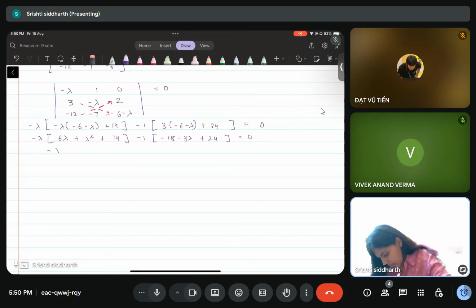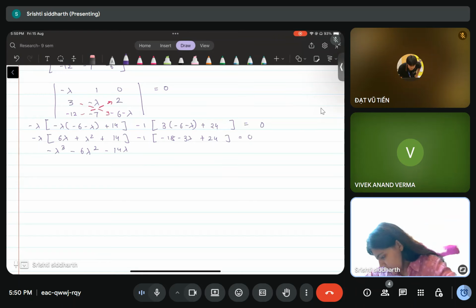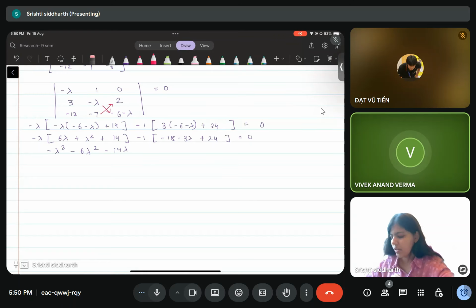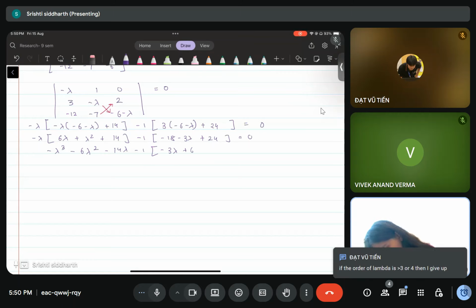So this is minus lambda cubed minus 6 lambda squared minus 14 lambda, plus, it's this one minus of minus 2. This is minus 1 and then minus 3 lambda plus 6.